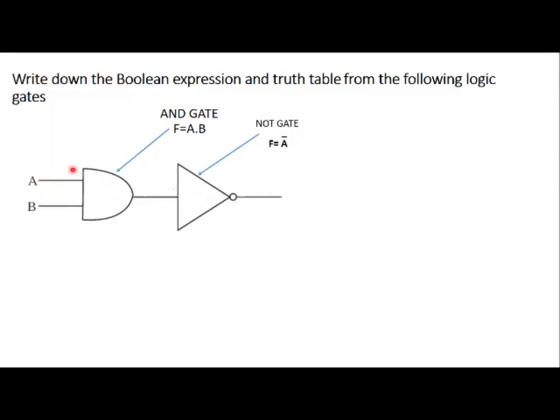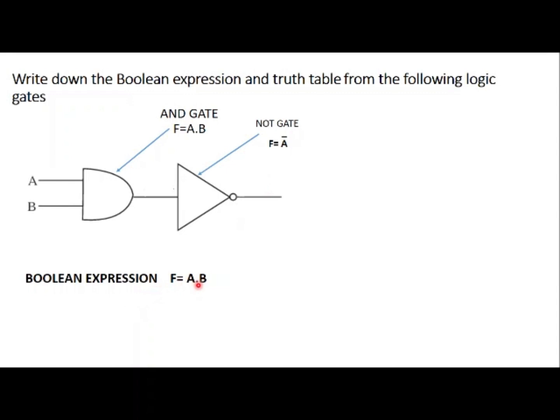So here A and B is the input of the AND gate, and the Boolean expression here would be F equals A dot B, and A dot B will be the input of the NOT gate. When A dot B goes through the NOT gate, it will get the complement, which will be (A dot B) complement. So what is the final Boolean expression?